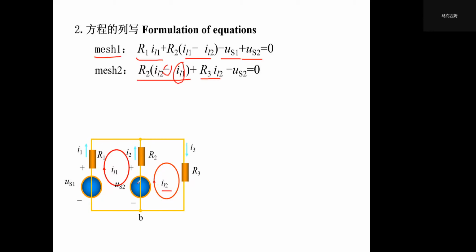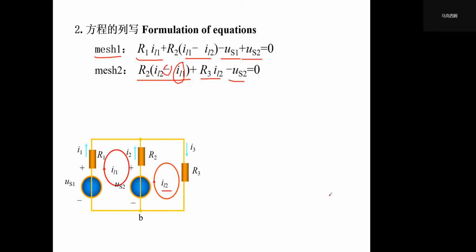And since IL2 goes into the negative pole of the voltage source, the loop current and the US2 voltage are in unassociated direction, so their reference direction is unassociated, and we give it a negative sign.